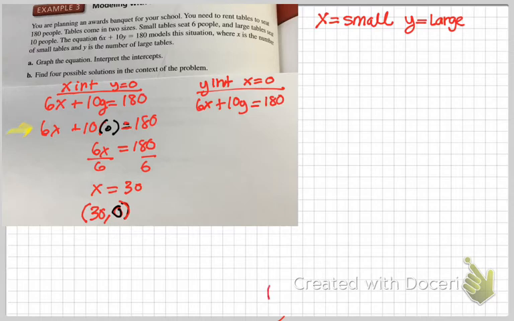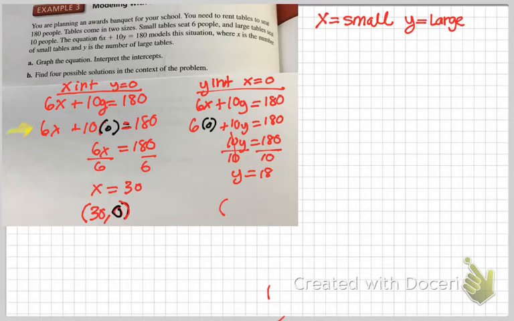So I'm doing 6 times 0 plus 10y equals 180. I end up with 10y equals 180, divide both sides by 10, and y is equal to 18. So the ordered pair for my y-intercept is when x is 0, y is 18.